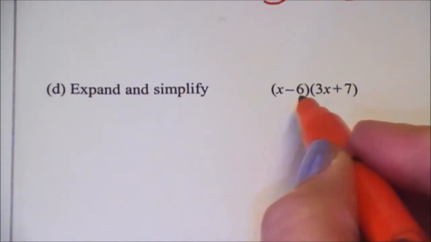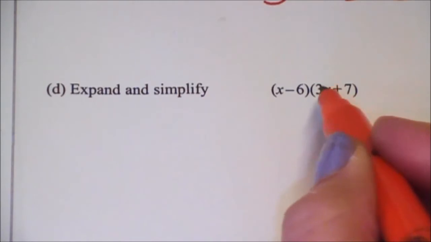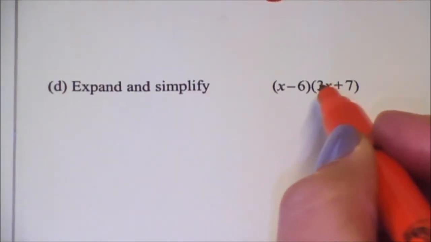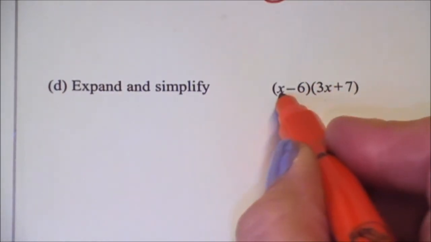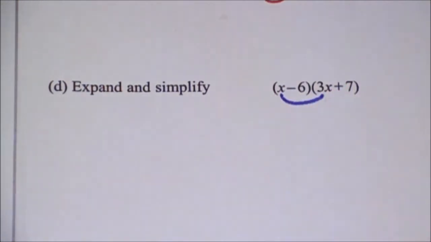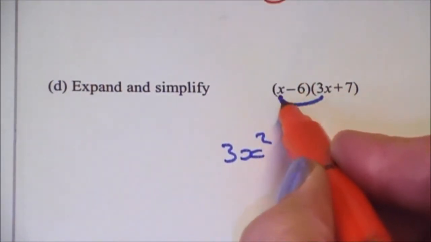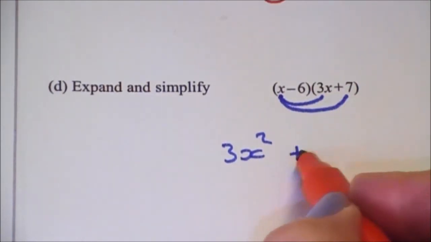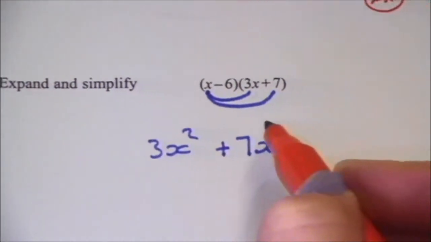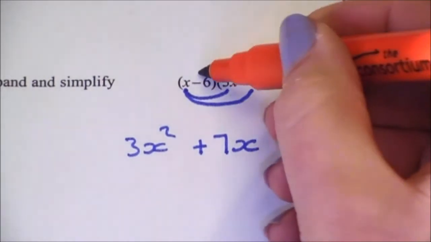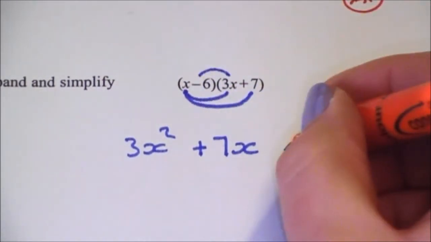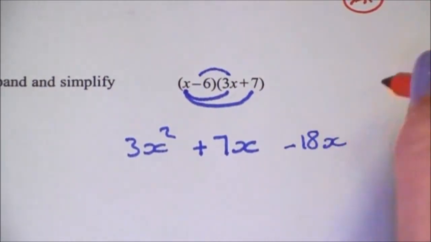Now this is a little bit trickier than usual, only because we've got a coefficient on that x. So what I've got now is x times 3x, which is 3x squared. I've then got the x times the positive 7, which is positive 7x. Here I've got negative 6 times 3x is negative 18x.